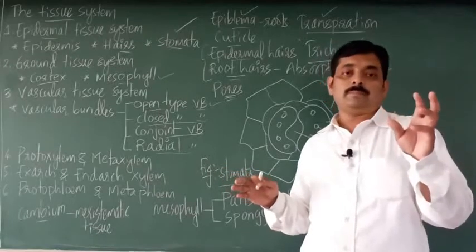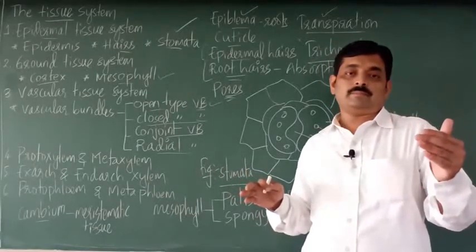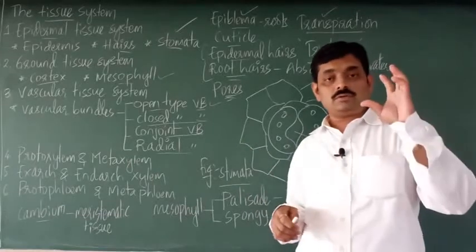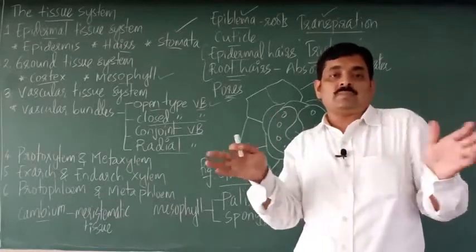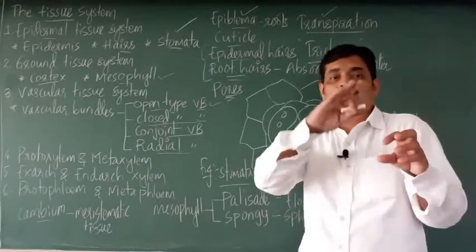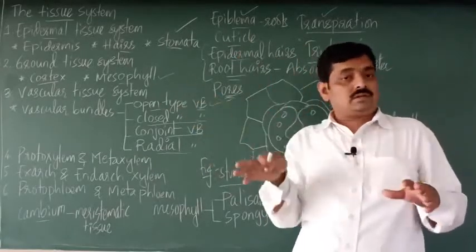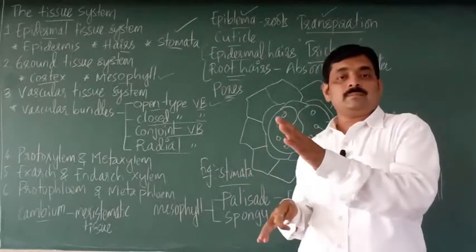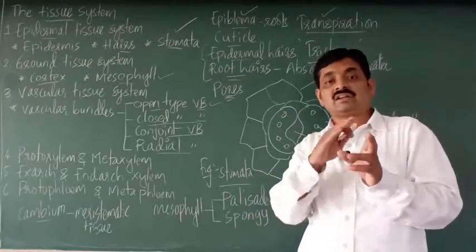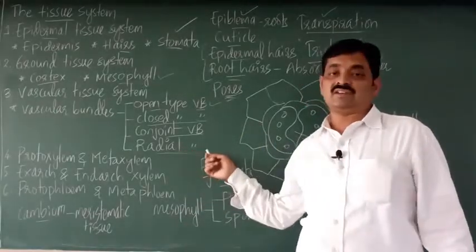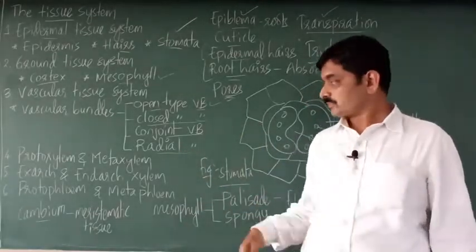A mass of phloem alternates with a mass of xylem. So there is one mass of phloem, then we find xylem, again phloem, again xylem. So they alternate with each other. Right? So phloem and xylem are separate and they alternate with each other. Then we can call them radial vascular bundles.